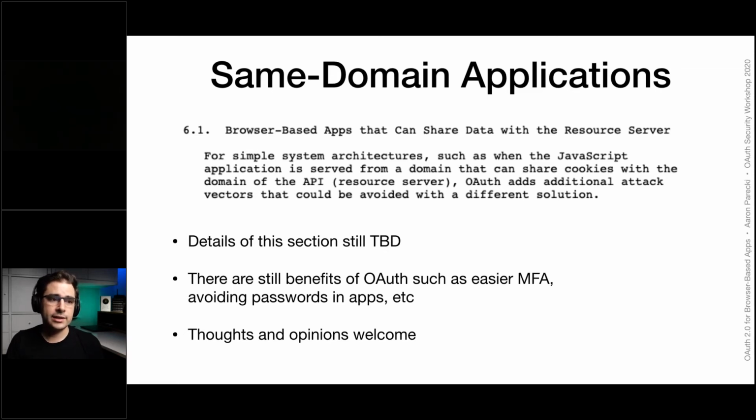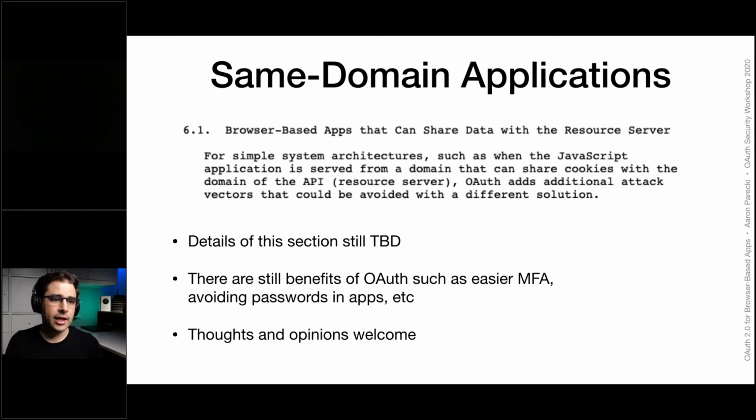Now, I will say this is still TBD because using the actual proper OAuth redirect flow has a lot of advantages in that MFA is easier to introduce, passwords not being exposed to apps, those are all great. So the question here is open for discussion, and if there's enough interest here, I'm happy to run an unconference session tomorrow where we can discuss this in more detail.